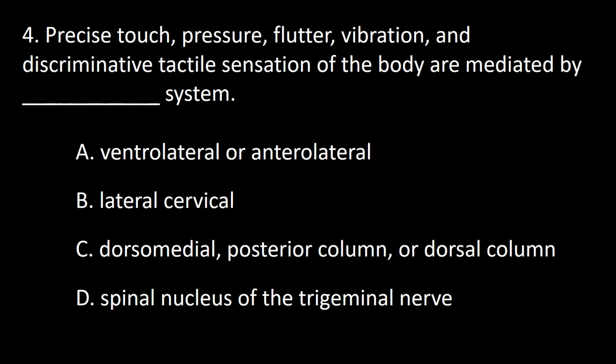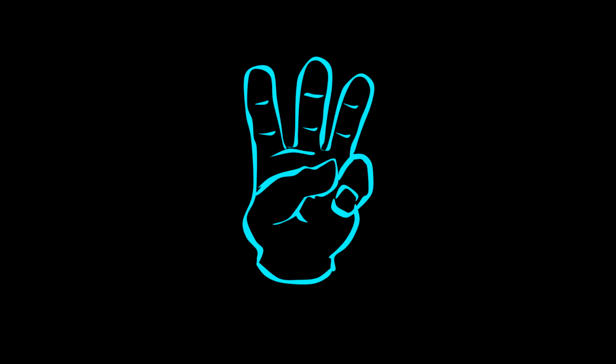Next question. Precise touch, pressure, flutter, vibration, and discriminative tactile sensation of the body is mediated by dash system. A. Ventrolateral or anterolateral. B. Lateral cervical. C. Dorsomedial, posterior column or dorsal column. D. Spinal nucleus of the trigeminal nerve. The systems carrying the different somatosensory modalities can be bundled into three groups based on the modality they carry.